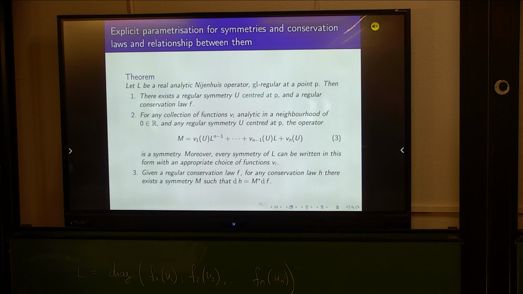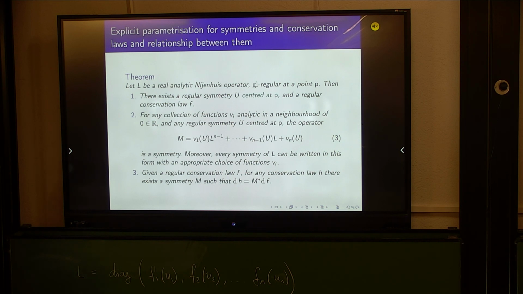First of all, regular symmetries and regular conservation laws do exist in the real analytic situation. I say centered at P. Centered at P means that the symmetry equals zero at the given point. It's very easy to achieve this condition just by subtracting from U a certain polynomial. It's not a big deal.